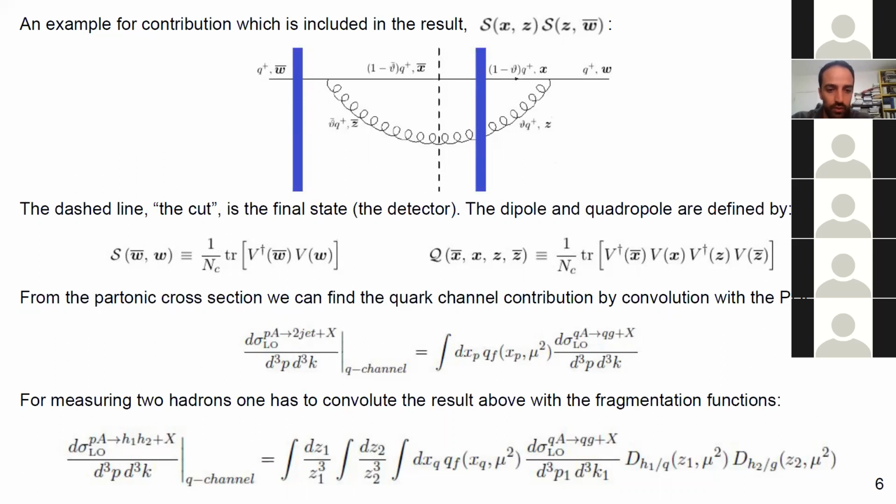So instead of having a dijet, we can actually look for the cross section for measuring hadrons. The relation between this partonic cross section and the hadronic cross section is given by the following relation here. What you can see is that we have to integrate not only with a PDF, but also with fragmentation functions.